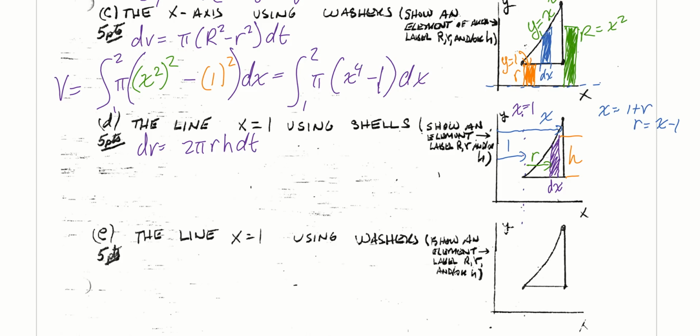All right, and then we need to get our height in terms of x. So it's going to be this y1 minus y3, I think is what it is. So height is going to be, this is x squared minus 1. It's going to be the top y minus the bottom y.